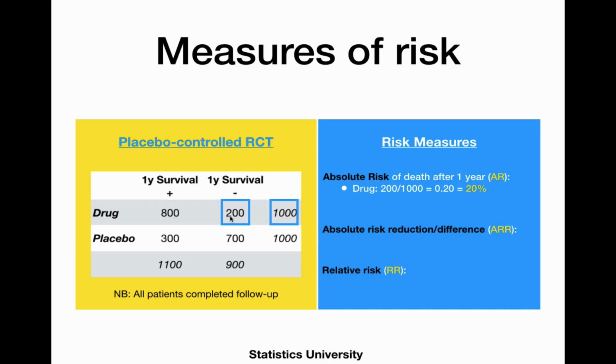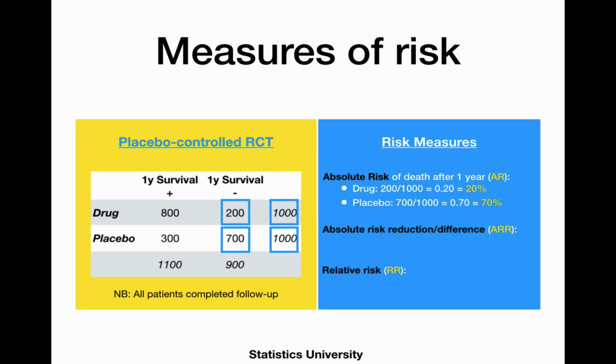So to determine that, we look at the number of patients in this cell, which is 200 patients died after 1 year after being treated with the experimental drug. And we had 1,000 patients in that group, so the absolute risk is 200 divided by 1,000, which is 20%. Whereas in the placebo group, it's 700 divided by 1,000, it's 70%.